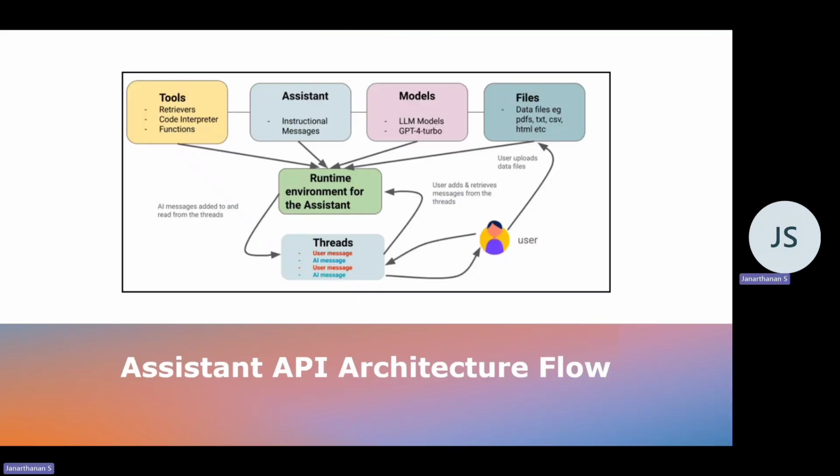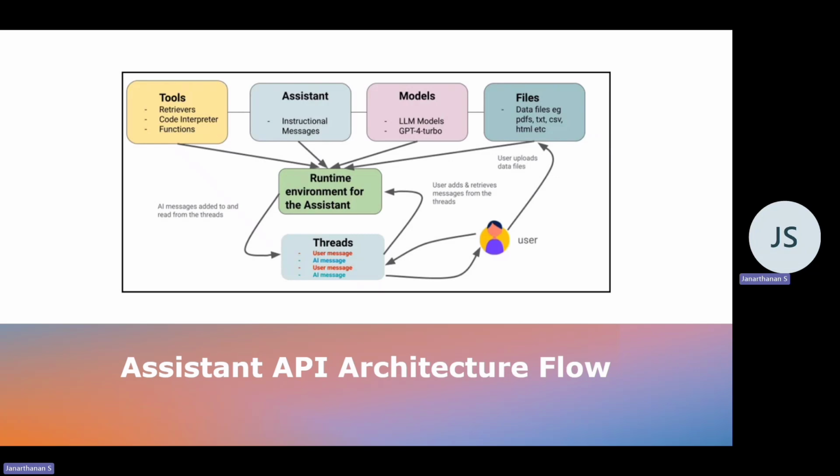And this is the architecture flow. In the architecture flow, we have retriever, code interpreter, and functions. These are tools available, and a runtime assistant is present for each and every assistant which has been created. In the background, models like GPT-4 and other LLM models are present. You can upload files like PDF, text, HTML, and CSV files.